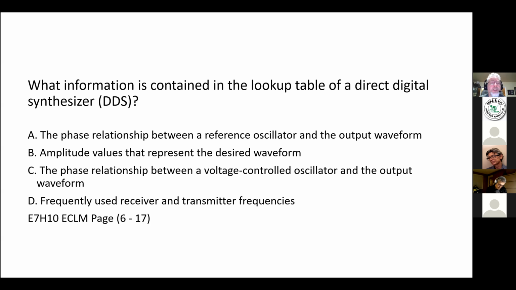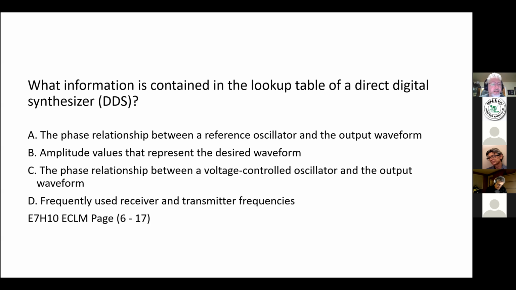What information is contained in the lookup table of a direct digital synthesizer, or DDS? A, the phase relationship between the reference oscillator and the output waveform. B, amplitude values that represent the desired waveform.